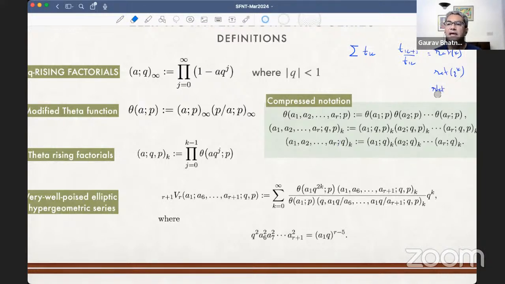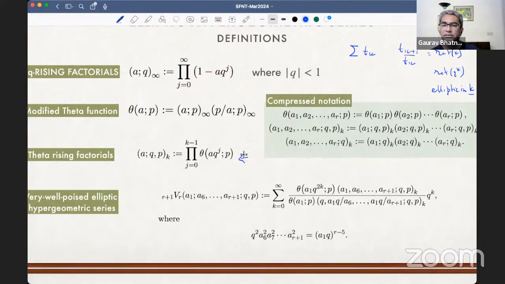If this is elliptic in k, with k now being regarded as a complex variable, then it turns out that these are naturally defined.